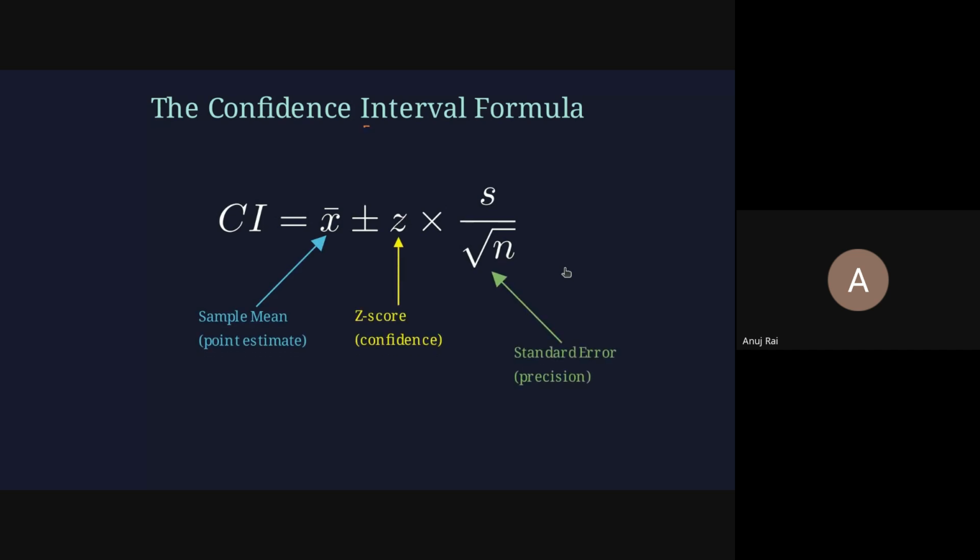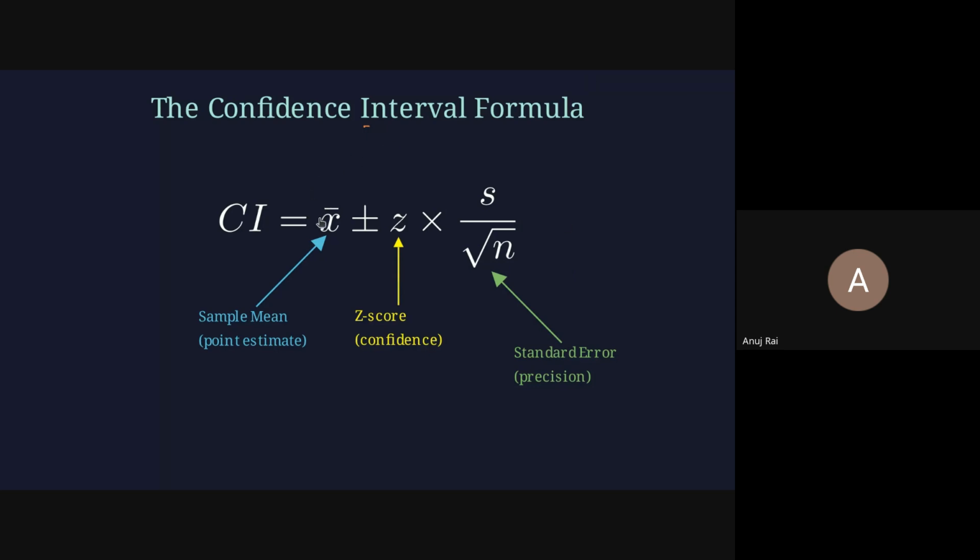The formula for the confidence interval is sample mean plus or minus Z score times S by root of n, where S by root of n is the standard error. We will see what Z scores are. We have already seen how to calculate the standard error.